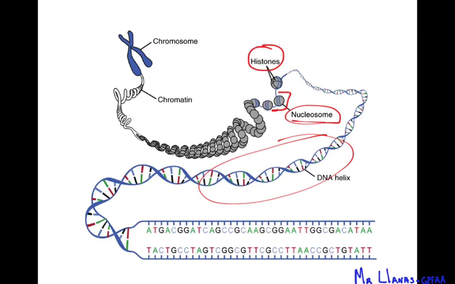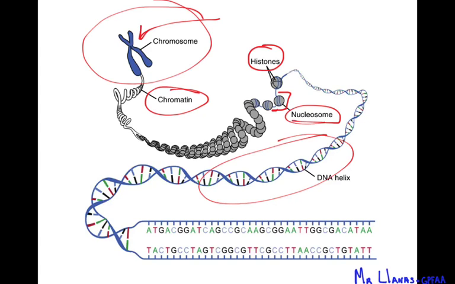Now these keep folding and folding, and eventually they make something called a chromatin fiber. They keep folding until they're really, really tight.